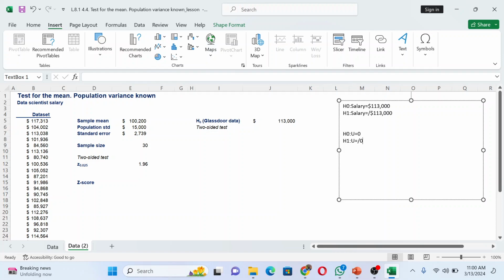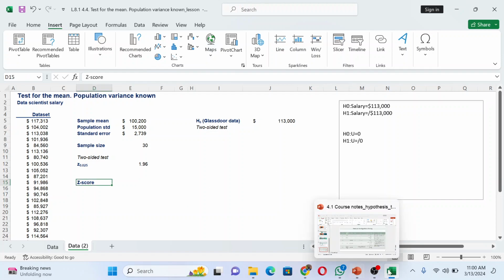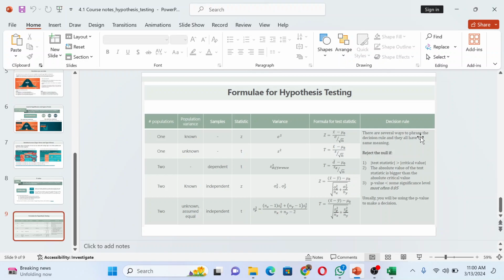Now let us calculate the z-score. We have two z-scores to calculate. First, the capital Z: the sample mean minus the assumed population mean, divided by the standard error. Then we are going to get the small z from our z table at the 95% confidence level.